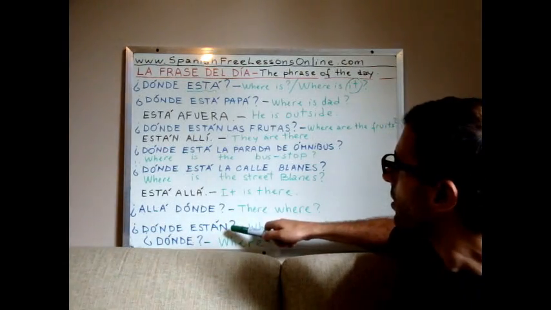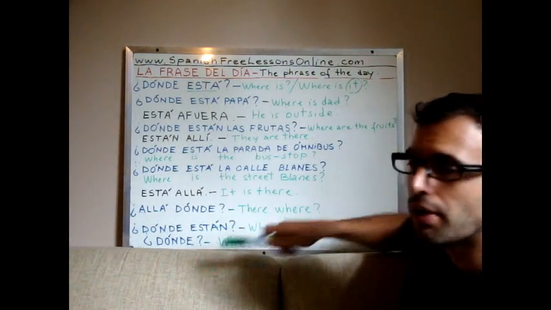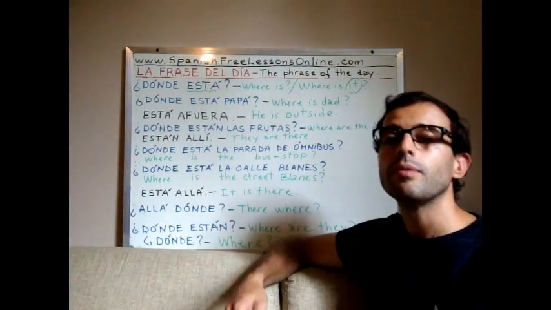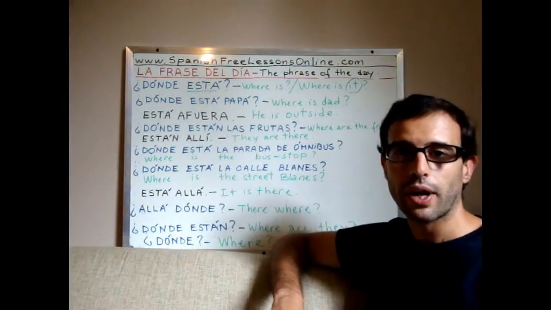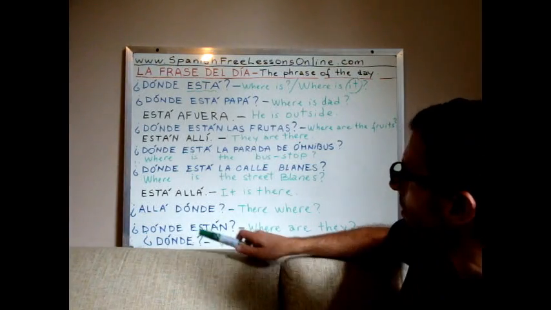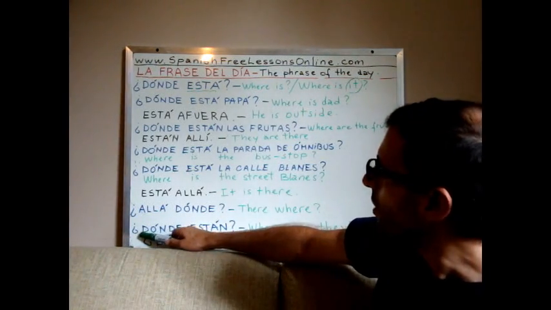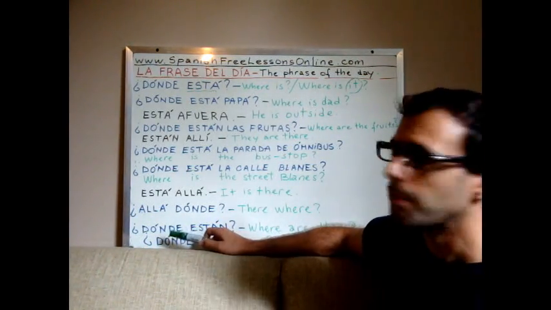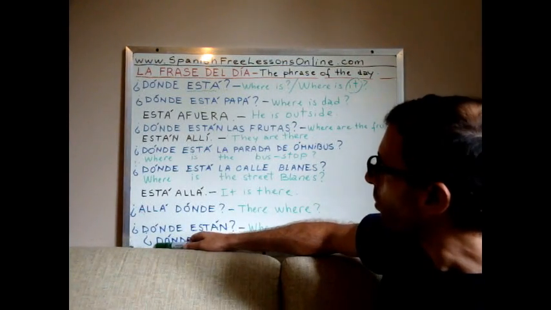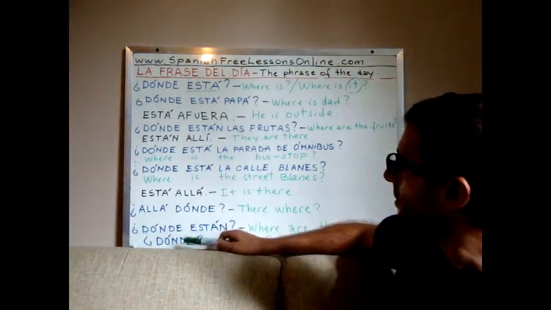If we continue the sentence with some more information, then it's where are whatever we are asking for. So the word ¿dónde, the main focus of these phrases, means where, okay?